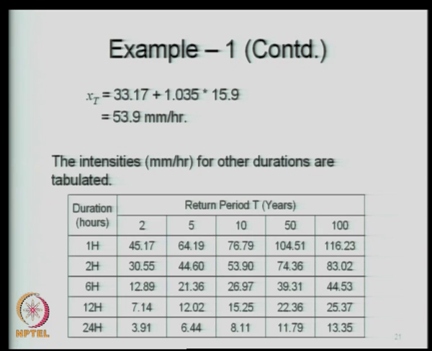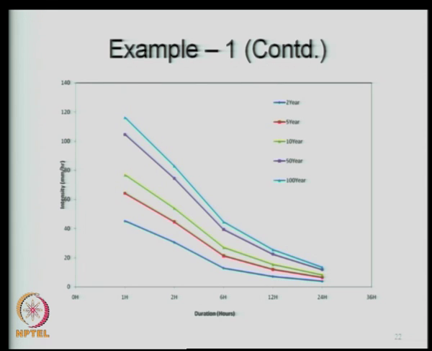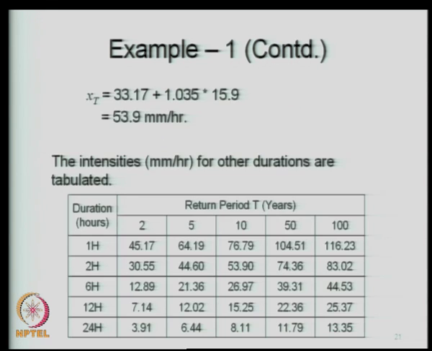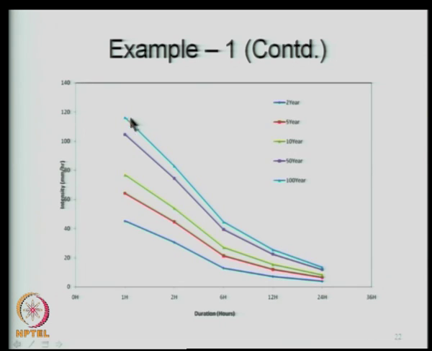Now, the IDF relationships are shown by curves like this. So, we use this data and then draw curves associated with each of the return periods. Each of these lines corresponds to a particular return period. Let us say this is a 2-year return period, this is 5-year return period, 10-year return period and so on, 50-year and 100 years.